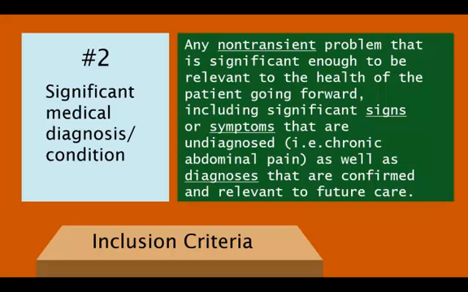Additionally, any signs or symptoms that are undiagnosed. So during your exam, you find the patient's blood pressure to be elevated. They've never been told they have high blood pressure before. So that would be put into your problem list. Again, not as hypertension, but as high blood pressure.